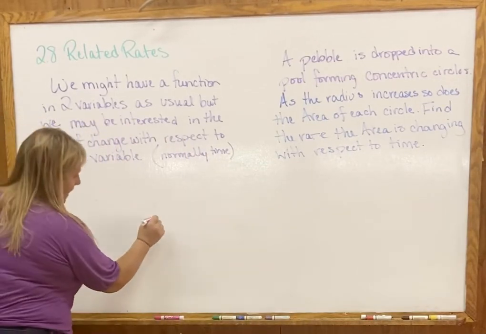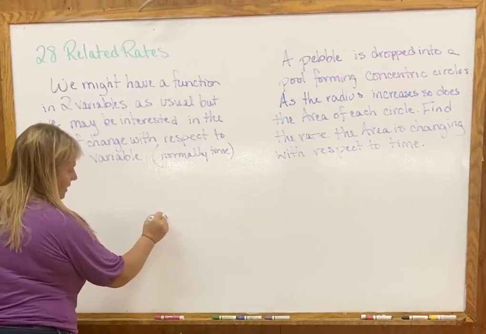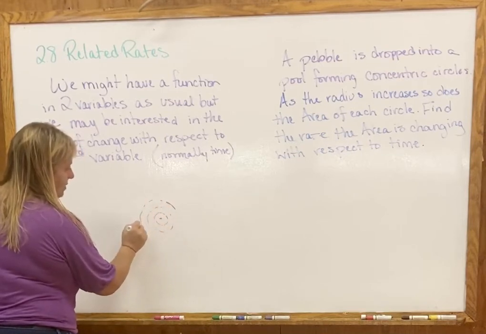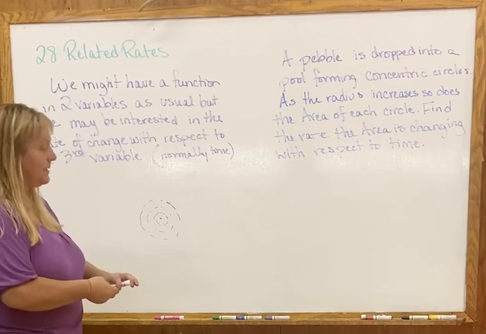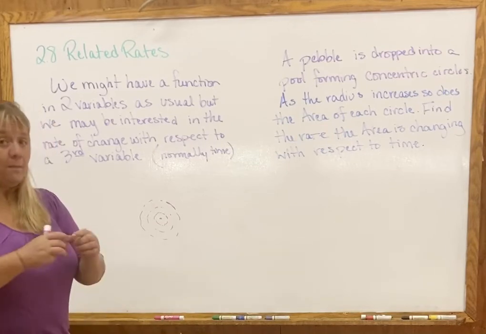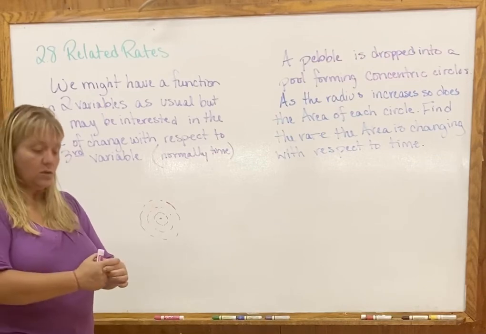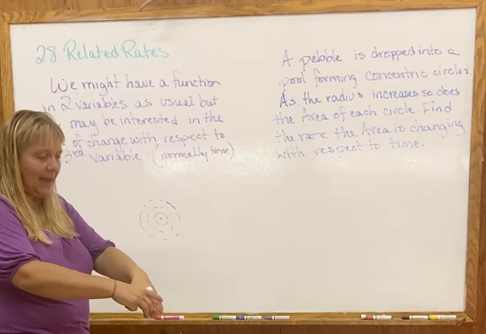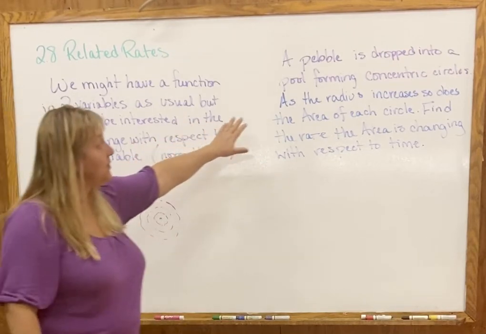So let's think about this for a second. So you drop a pebble into a pond, or whatever it is you're throwing into the pond, and it sends out little circles. So that's what it's saying. A pebble is dropped into a pool, forming concentric circles. Now, those circles don't stay set, do they? Those circles are growing. So as the time passes, the circles are getting bigger and bigger. And that's what this is saying.